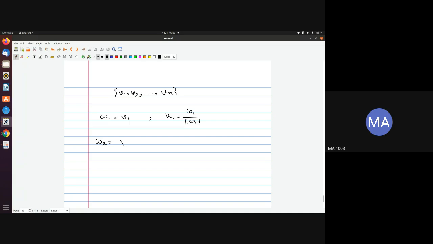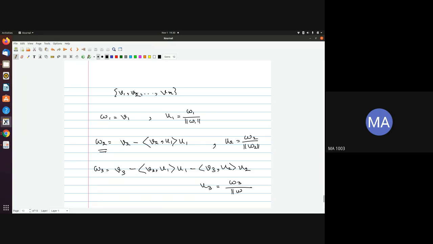W2 is V2 minus its projection inside this span, so I write the formula directly: V2 minus <V2, U1> U1. This is my W2, the new vector, and U2 is the unit vector with respect to that. What is W3? Taking V3, minus <V3, U1> U1, minus <V3, U2> U2. This is my W3, and what is my U3? W3 by norm of W3.